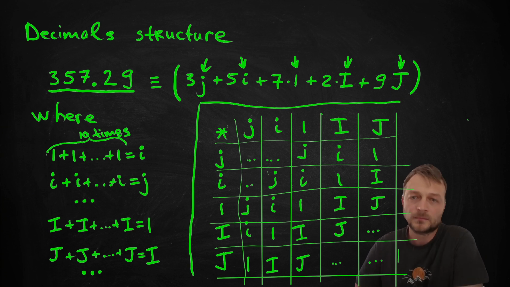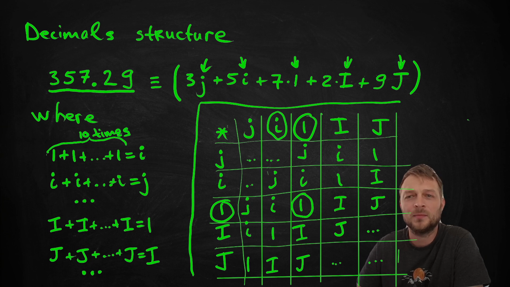And multiplication is like this. If we multiply 1 by 1, it's clearly 1. But if we multiply i, which represents 10, by, let's say, capital I, which represents 1/10, we will get 1 again.